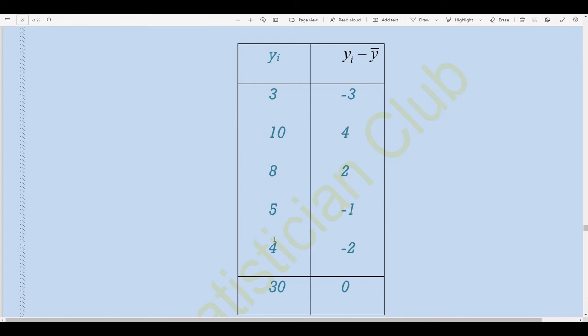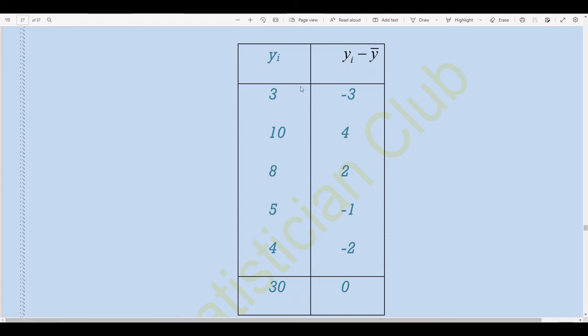So your mean is 6. First you calculate y bar. I again repeat, by the direct method y bar is equal to sum of y over n, which is 30 divided by 5, so y bar is equal to 6.